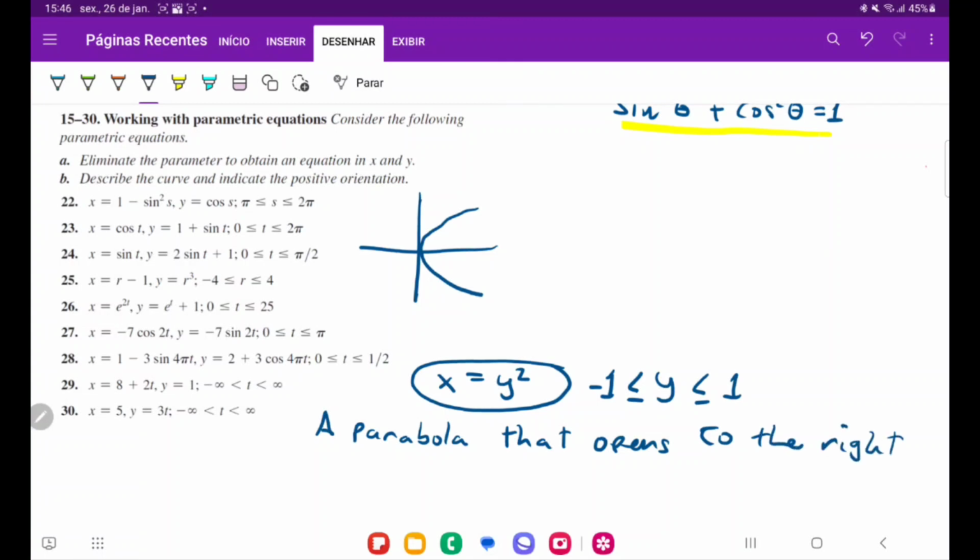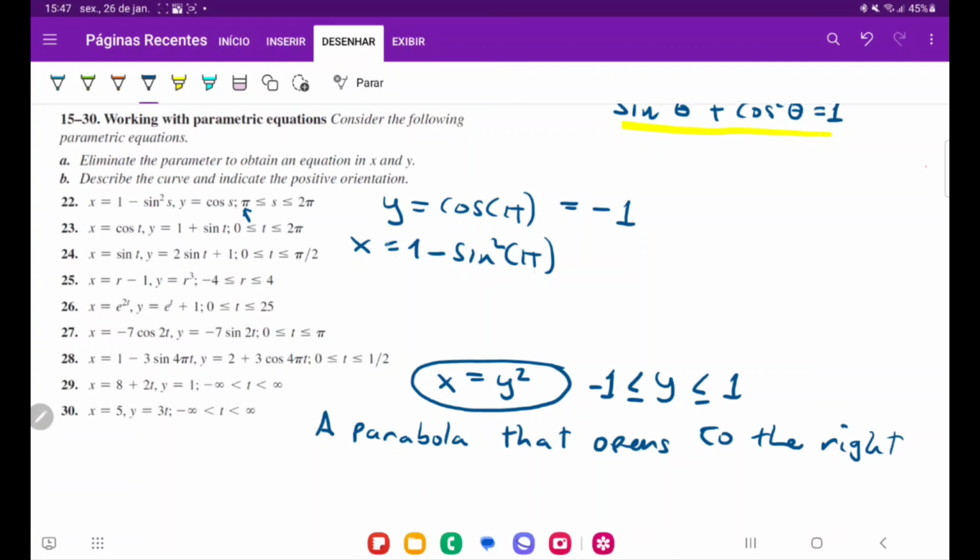And now we have to indicate the starting point and the ending point because that will tell us in which direction it is going. If s is equal to pi, we plug in the lower boundary once more into the two equations. We know that y is equal to cosine of pi, which is negative 1. And if we plug pi into the x equation, x is 1 minus sine squared of pi, and sine of pi is just 0, so that's 1 minus 0, which is equal to 1.